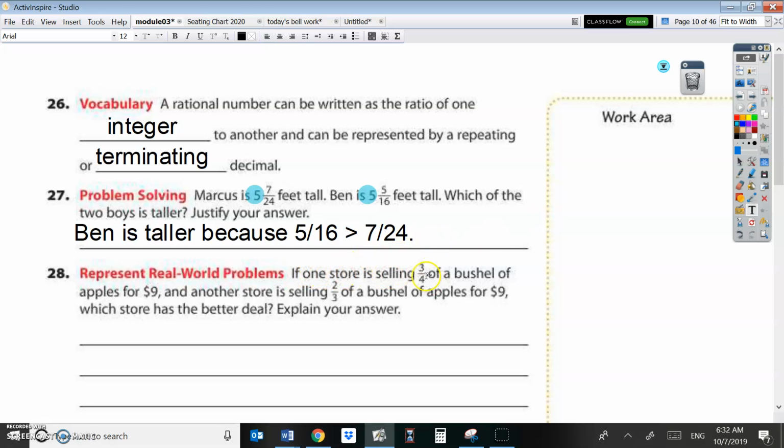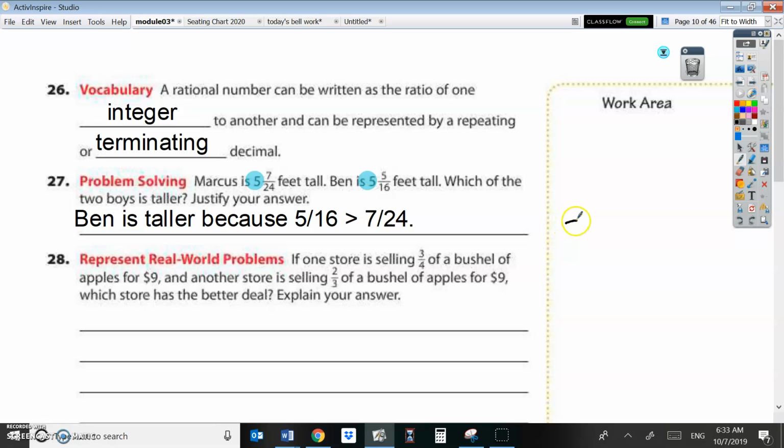If one store is selling 3/4 bushel of apples for $9 and another store is selling 2/3 bushel for $9, which store has the better deal? Explain your answer. Okay, 3/4 and 2/3.